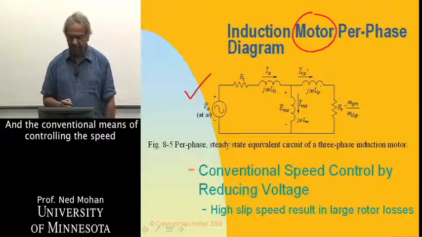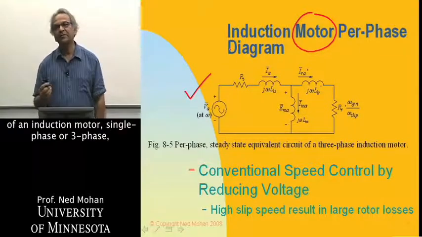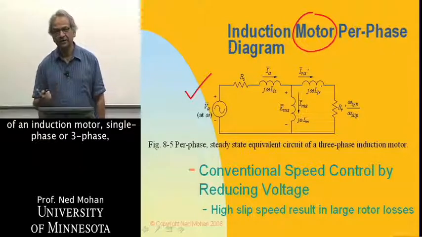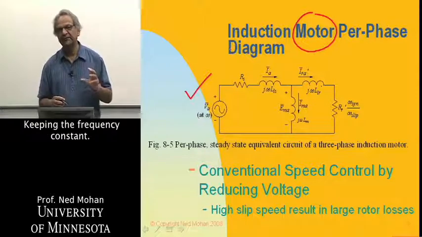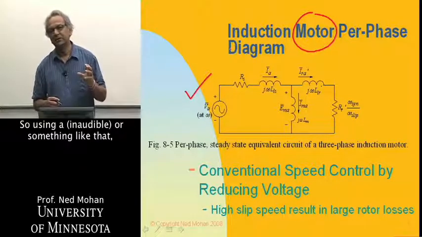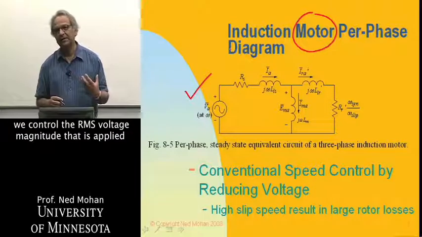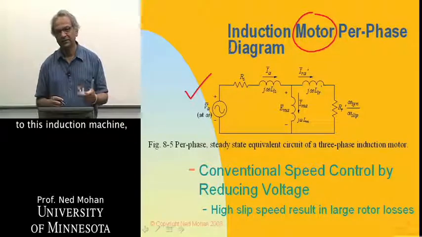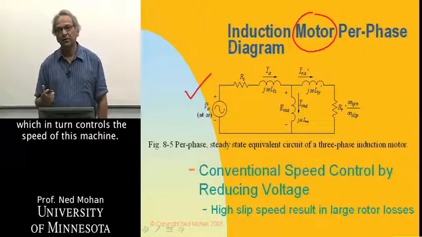And the conventional means of controlling the speed of an induction motor, single phase or 3-phase, is by controlling the voltage across it, keeping the frequency constant. So, using a triac or something like that, back-to-back connected thyristors, we control the RMS voltage magnitude that is applied to this induction machine, which in turn controls the speed of this machine.